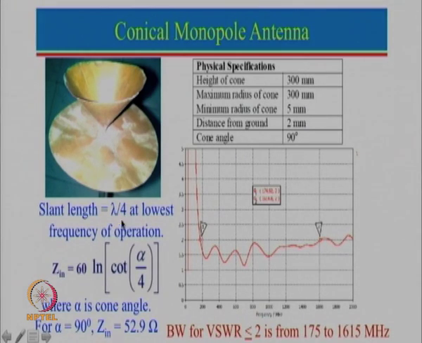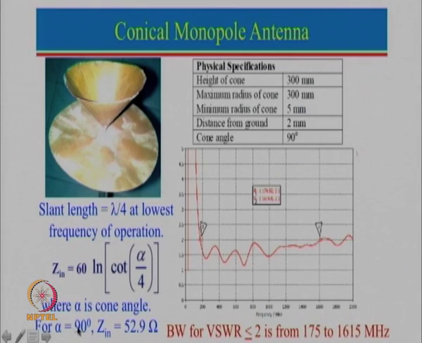There is a reason for that, because the input impedance of this monopole antenna is given by this expression. Since we wanted to design an antenna with a 50 ohm coaxial feed, we take angle alpha equal to 90 degrees, where alpha is this complete angle here.